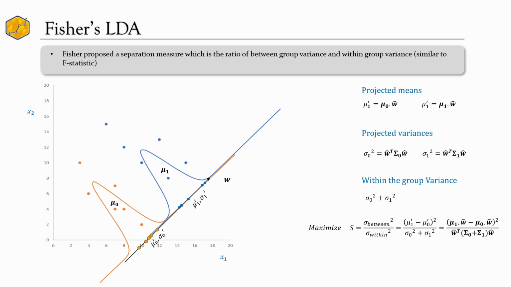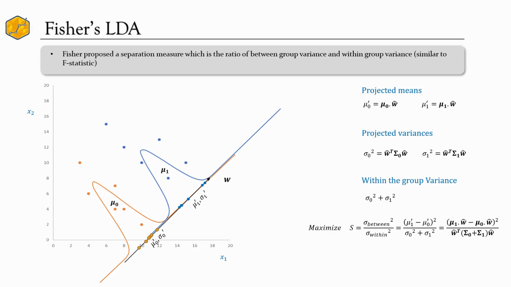The numerator will increase when the class means are far from each other. Look at the numerator. It's the square of the difference between projected means. That's the between group variance. There are two groups. What is the total variation between the two groups? That is the square of the difference between the projected means. If the two groups are far apart, then the between group variance would be high.